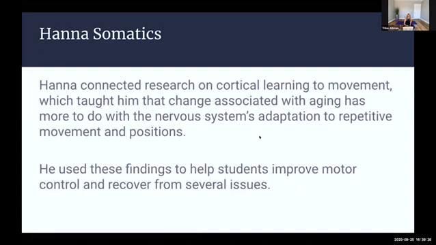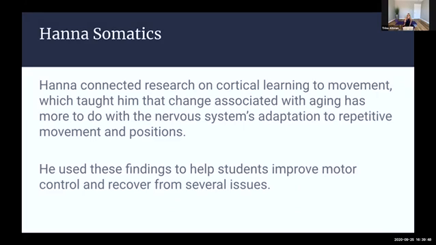Okay, so Thomas Hanna connected research on cortical learning to movement, which taught him that the change associated with aging has more to do with the nervous system's adaptation to repetitive movement and positions. Let's say that again, because that's another big one.